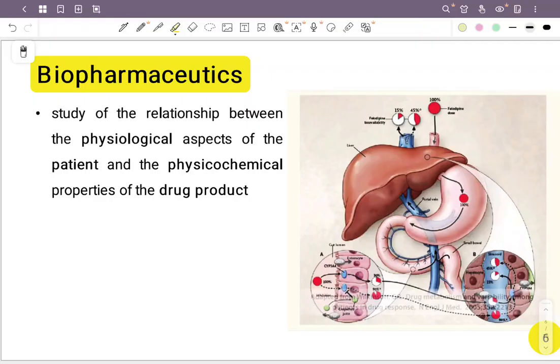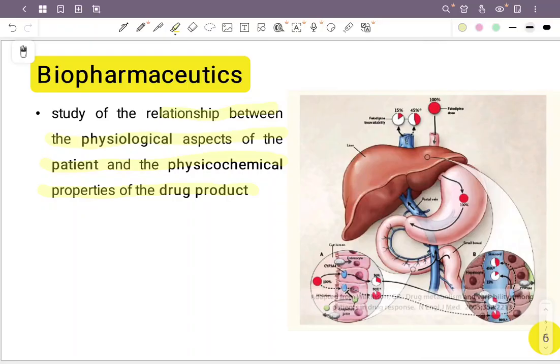Then, our next term is biopharmaceutics, and this is the study of the relationship between the physiological aspects of the patient and the physicochemical properties of the drug product. Another definition from our reference book is that it examines the interrelationship of the physical and chemical properties of the drug, the dosage form, and route of administration, and the rate and extent of drug absorption.